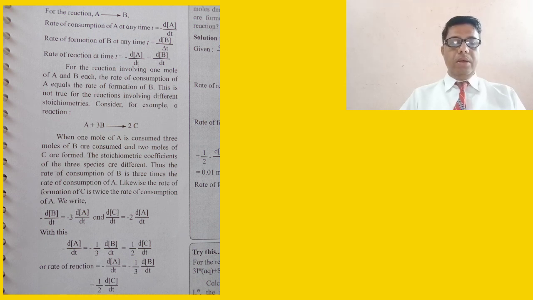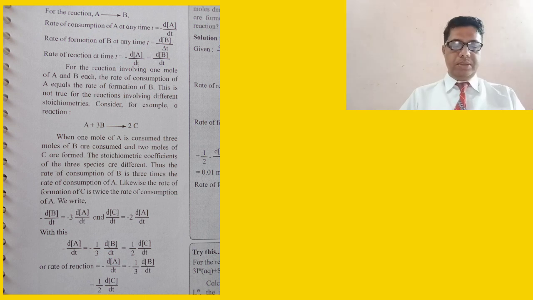Now, by this chemical equation, we can write the instantaneous rate. So, first, on the reactant side, minus dB by dt is equal to minus 3 dA by dt. That is, the rate of consumption of B is 3 times the rate of consumption of A. So we multiply the rate of consumption of A by 3.